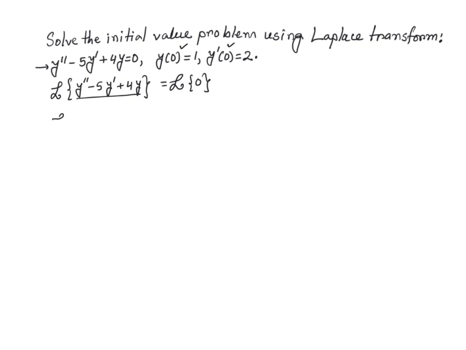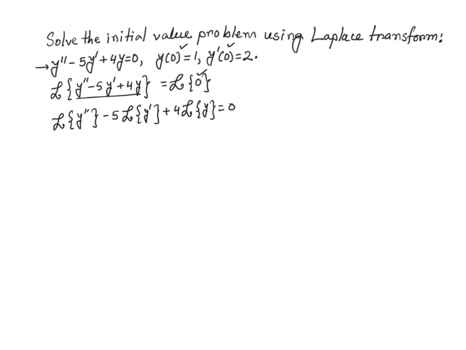So we could write it as Laplace transform of y double prime minus 5 times Laplace transform of y prime plus 4 times Laplace transform of y is equal to 0, because Laplace transform of 0 is 0, which tells that the function is 0, right? So that means the integral that defines Laplace transform will become 0.